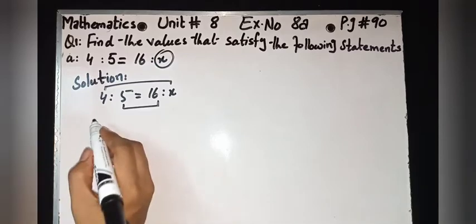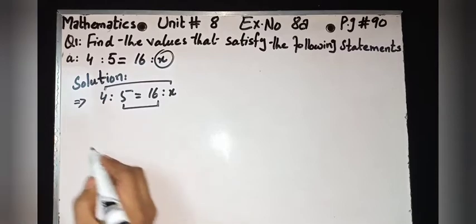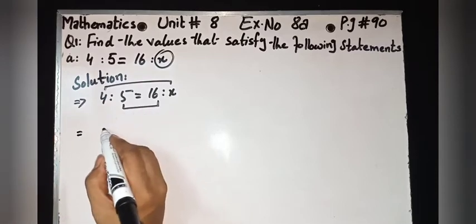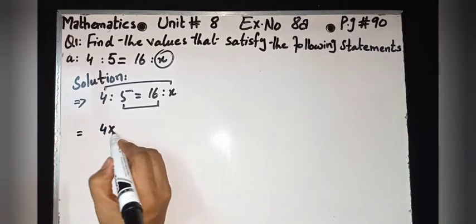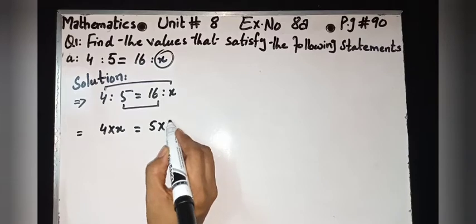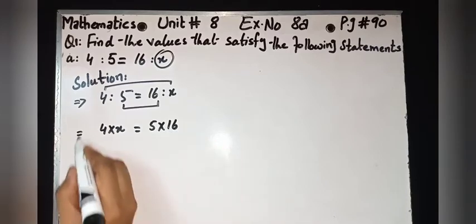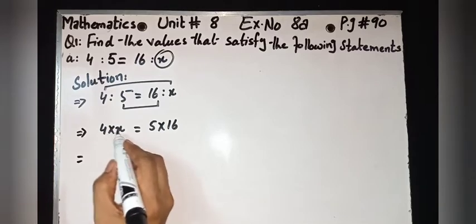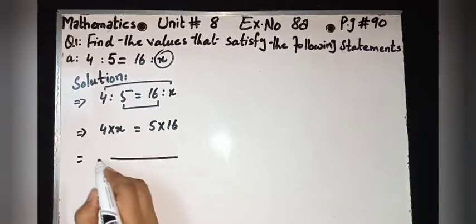Okay? We have two methods. It's up to you, apply any one. 4 multiplied by x equal to 5 multiplied by 16. Okay? This part 4:x, it's a denominator part.